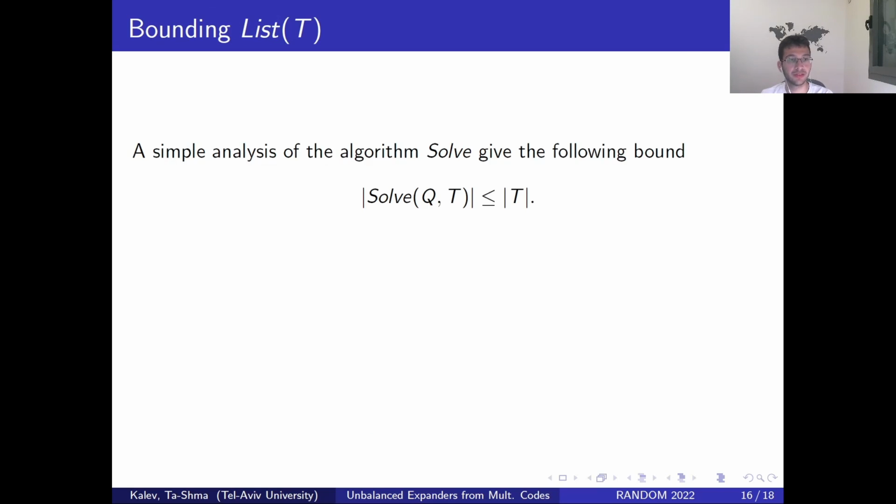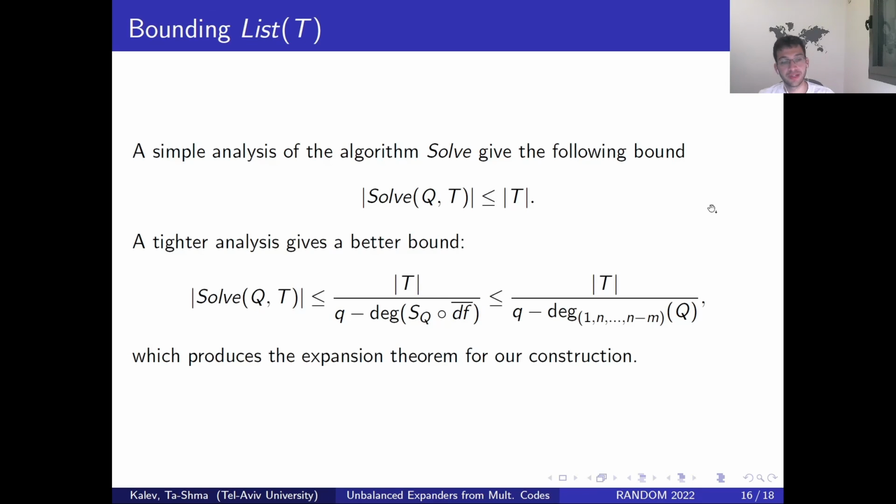Now the only remaining question is what is the size of the returned list of the algorithm. Note that every element of T generates at most one element in the returned list, and therefore the returned list size of the algorithm is at most the size of T. But we can do a tighter analysis and get a better bound by considering when two different elements of T generate the same solution to the differential equation.